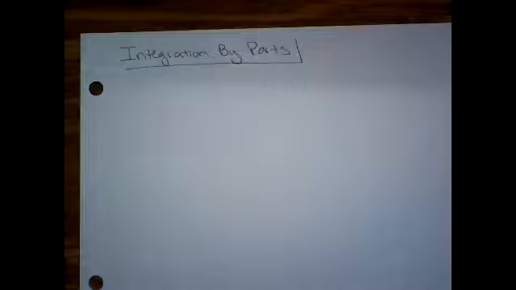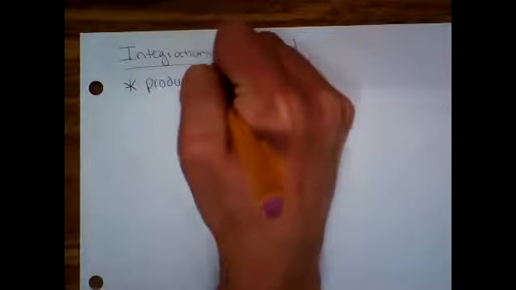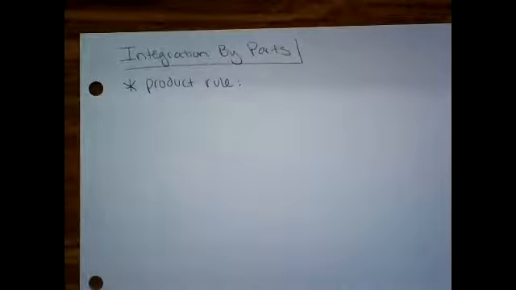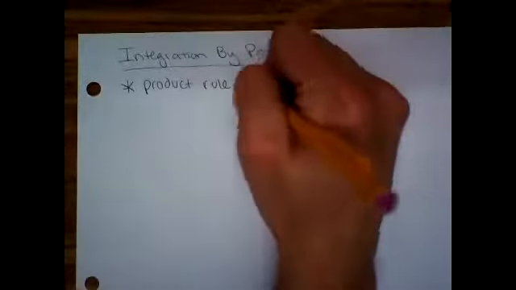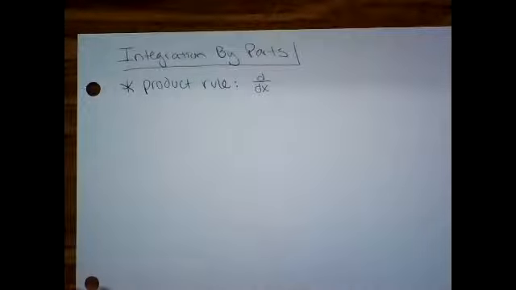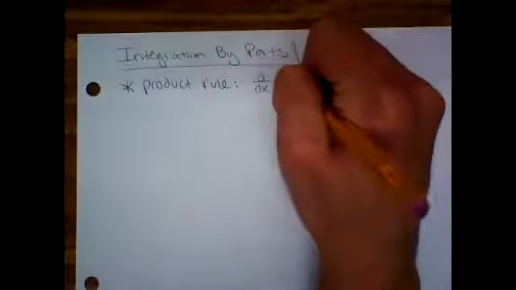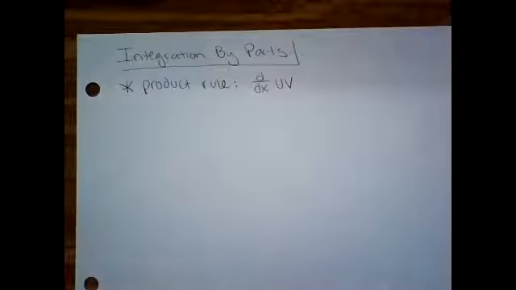Okay. So what integration by parts allows you to do backwards is a product rule. So let's look at the product rule real quick, because we're going to do that in reverse now. We're going to put d dx, and this is a lot of weird notation. It's a derivative, and I'm going to do u times v because that's usually how you see it written out.